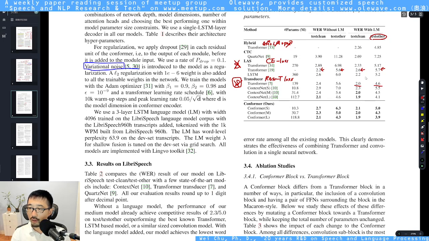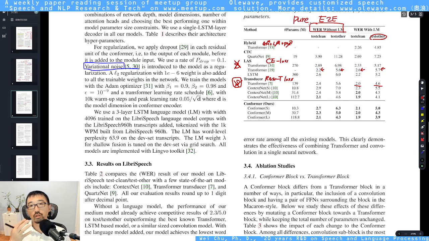I would say, if you look at the table, first of all, when the numbers are close together, I would first look at the WER without language model. With the language model in LibriSpeech, they're using some external text which doesn't have audio corresponding to it. So the WER without the language model is the pure end-to-end model.